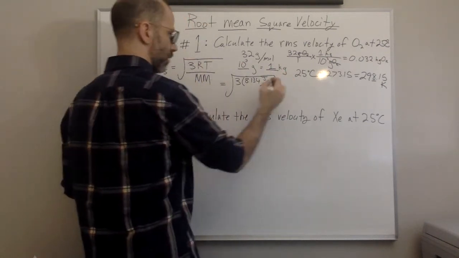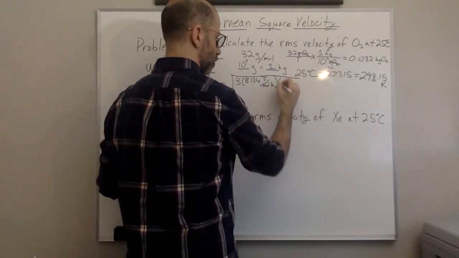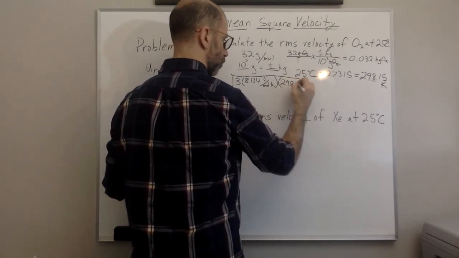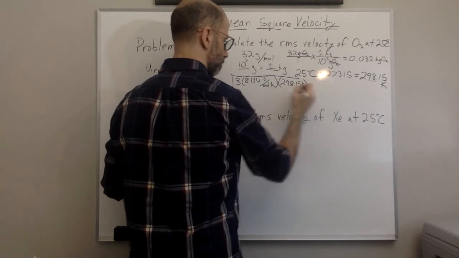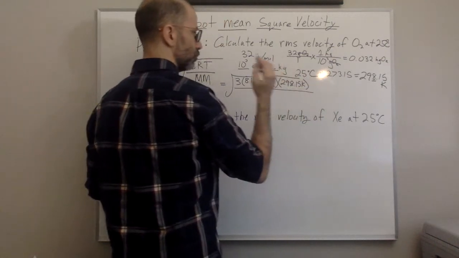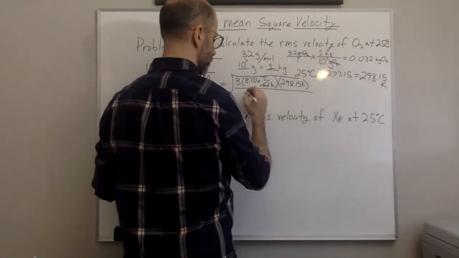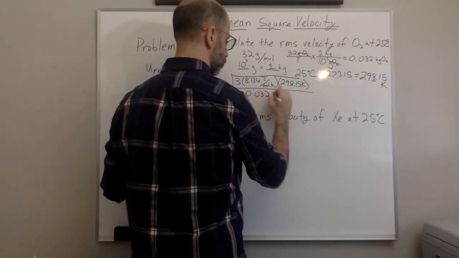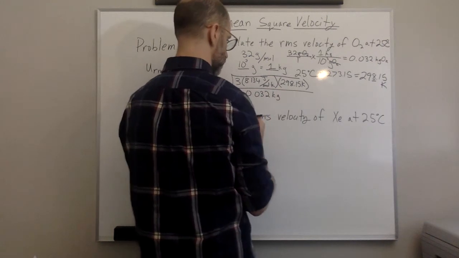Then we have T for temperature, so we multiply by 298.15 Kelvin, all over the molar mass, which we calculated in kilograms: 0.032 kilograms.